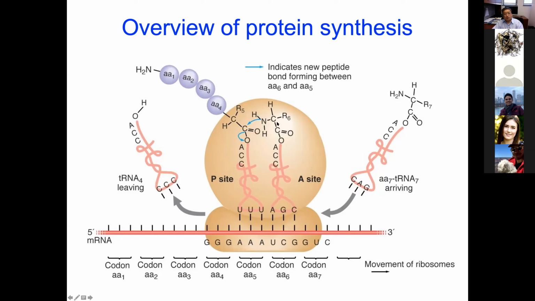And then the ribosome brings this ester linked polypeptide very close to the amine group of that new amino acid coupled to the tRNA in the A site. And then it catalyzes the reaction to allow the amine group to attack that ester bond. And then this polypeptide will be transferred to that amine group. And you see, once this polypeptide got transferred to the A site tRNA.